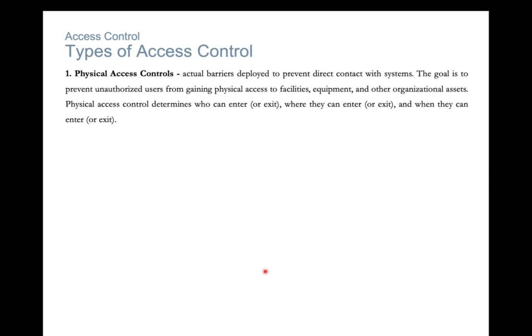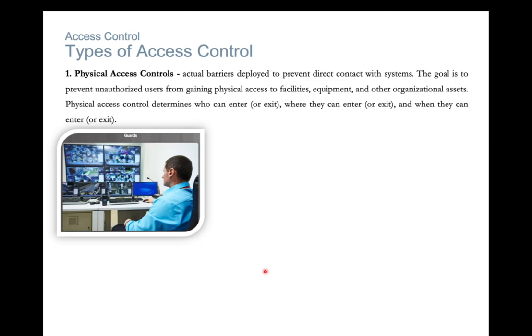So the examples of physical access controls include some of the following, but are not limited to these. First one is the guards, and the guards monitor the facilities.